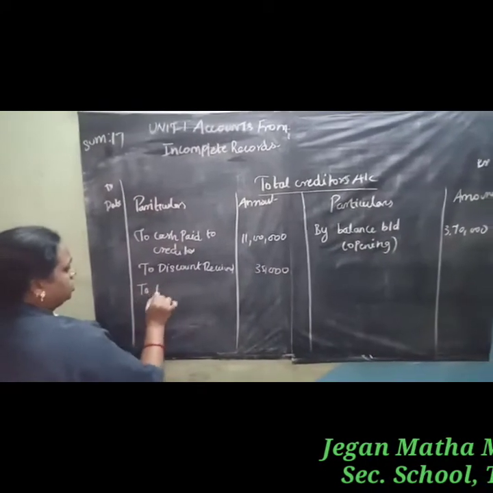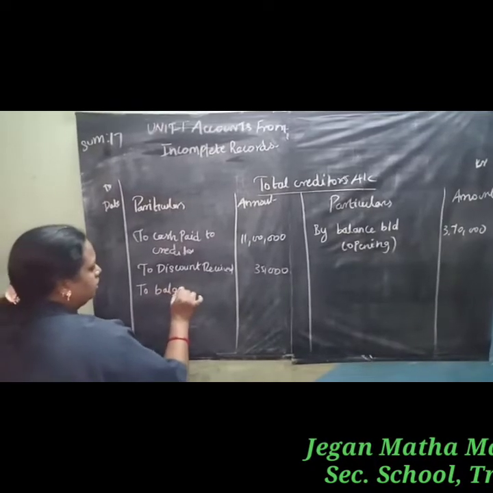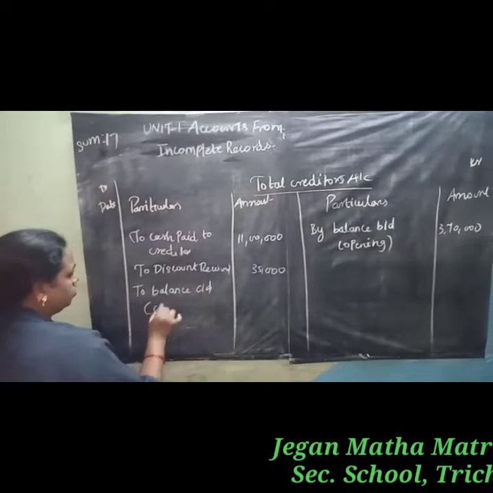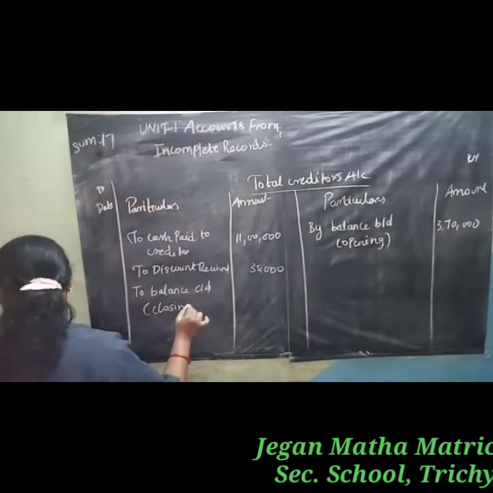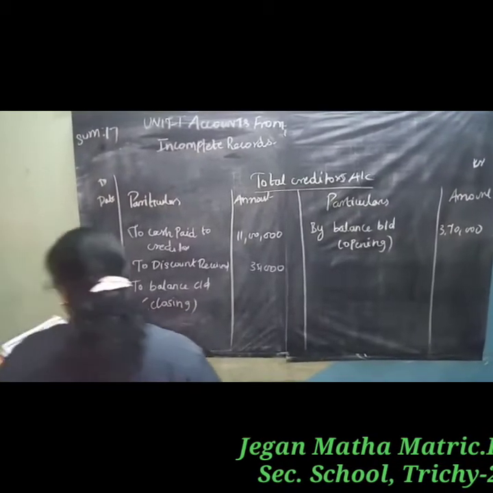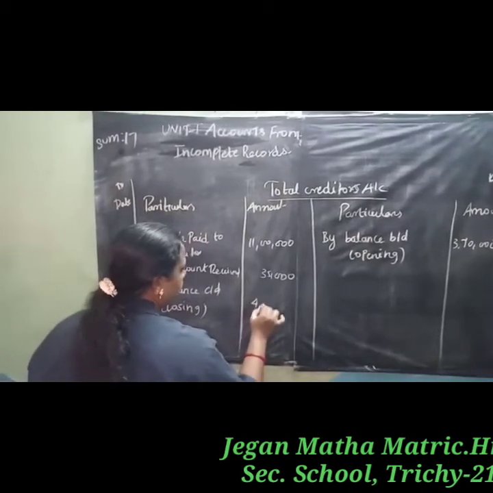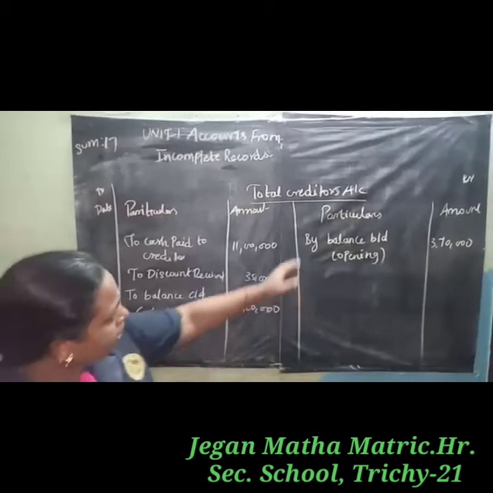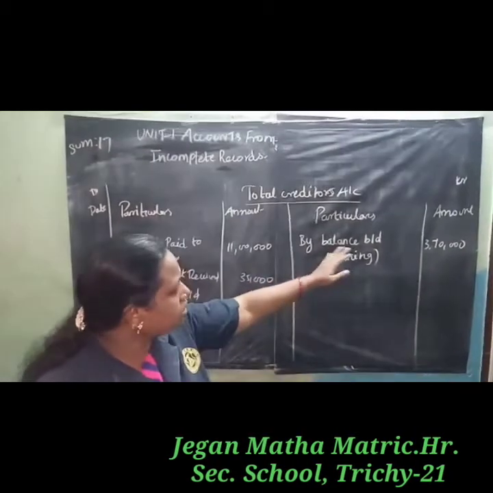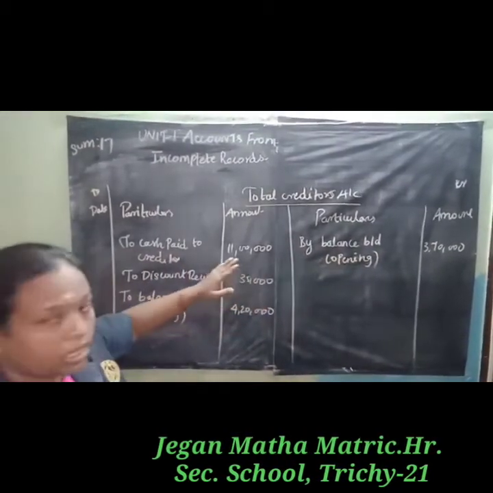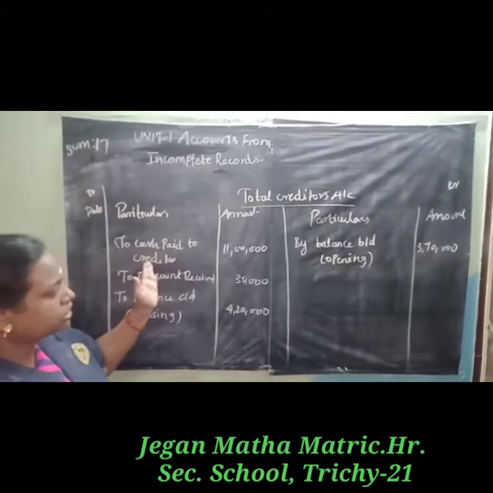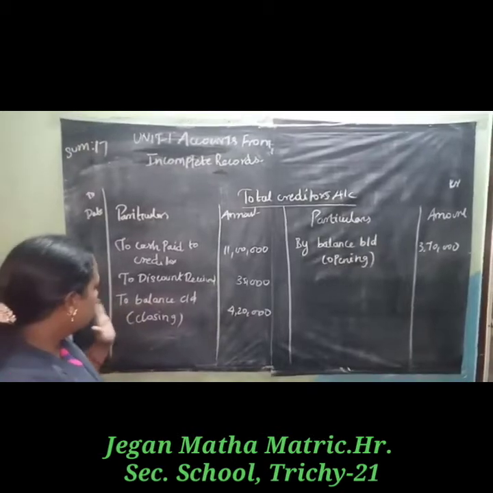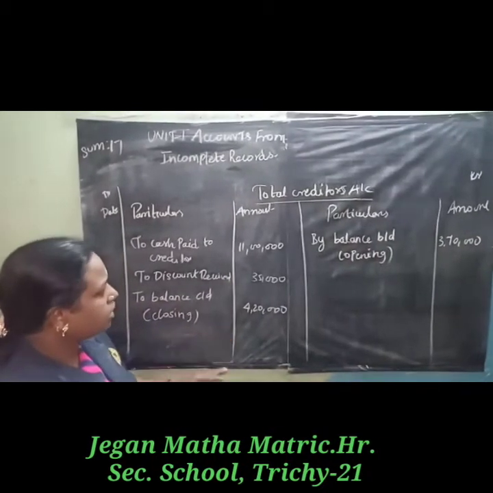Next, closing creditors, closing balance of creditors, 4,20,000. So on the credit side: opening balance of creditors 3,70,000. Then on the debit side: cash paid to creditors 11 lakh, discount received 35,000, and closing creditors 4,20,000.